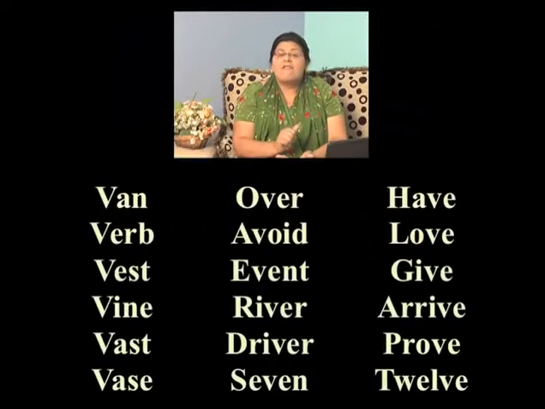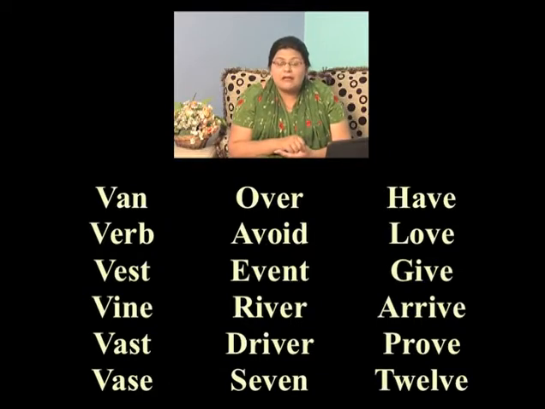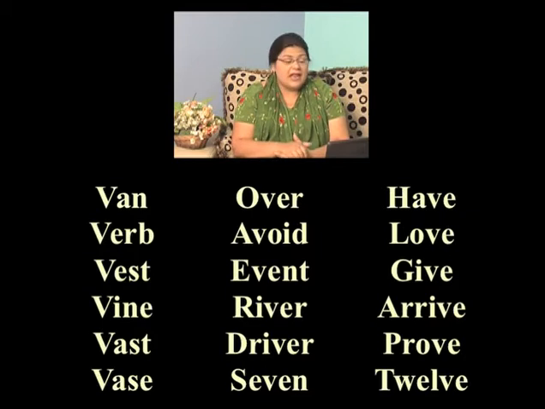There's a table in your workbooks. It's got 3 columns. We'll start with the V sound at the beginning of the word. So please repeat after me. Van. Van. I don't want you to say van. I want to hear the friction of the V sound. Van. Next, verb.